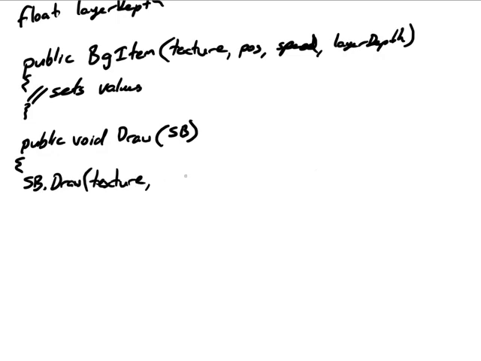Texture, and the position it's at is camera.GetPosition, which takes in this position's value, and it times it by the speed.